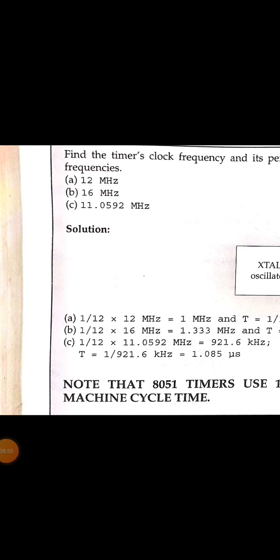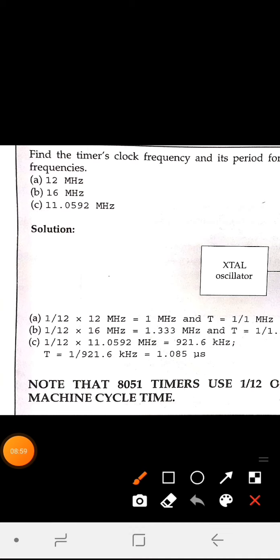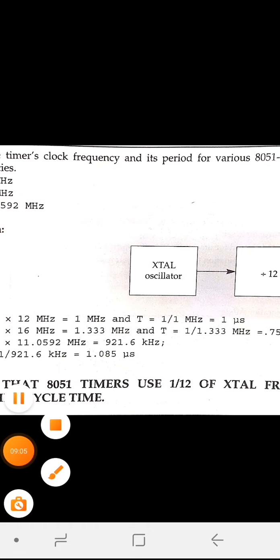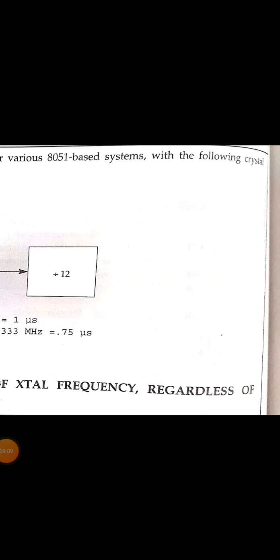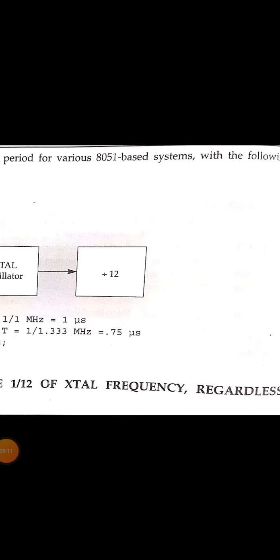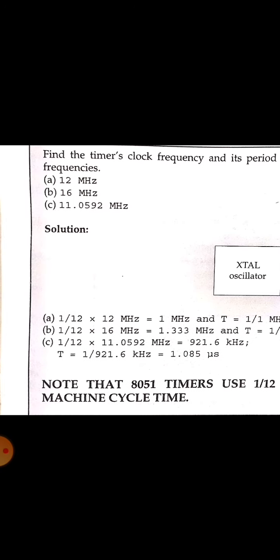Similarly, for 16 megahertz, 1/12 of 16 megahertz equals 1.33 megahertz, whereas the period is 1 by 1.33, which is 0.75 microsecond.